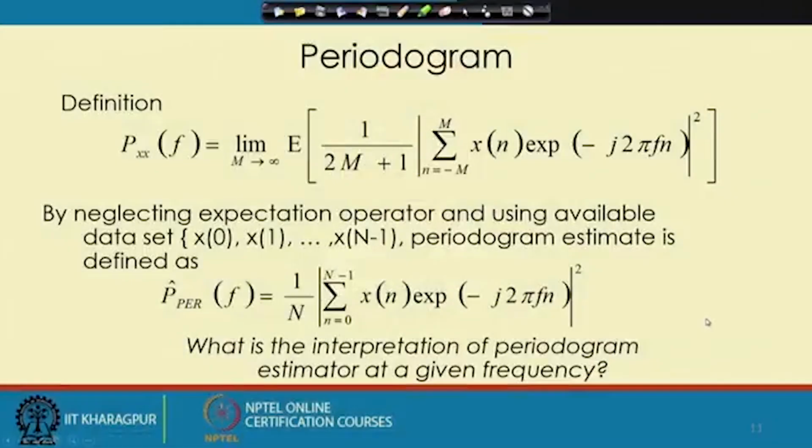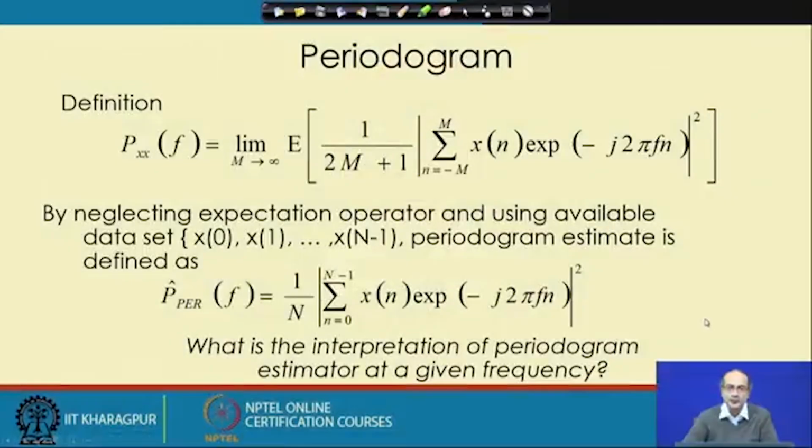When we take those limiting conditions, m tends to infinity, and take the expectation operator, we can show it is the same as that classical definition of PSD, but in practice we do not have them. So, still, can we get any interpretation of this periodogram in the frequency domain? That means, for a particular value of f, what will the periodogram value or the estimate give?